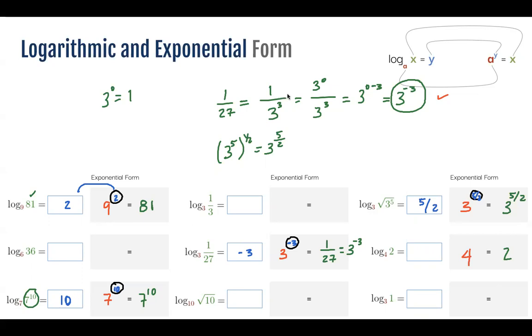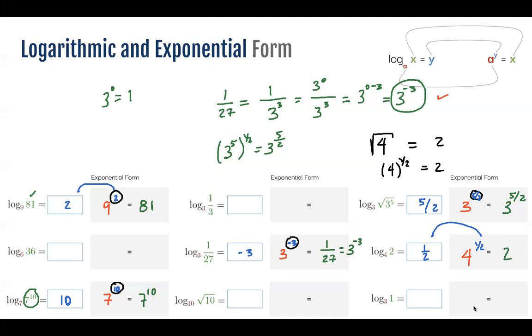Now we're working with the other side. 4, in order to be equal to 2, we need to get the square root of 4. The square root of 4 is 2. But instead of writing it as a radical, I'm going to write it as 4 raised to the power of 1/2, which gets me a 2. So that means that the exponent I need here is 1/2, and that will get me the answer over here.